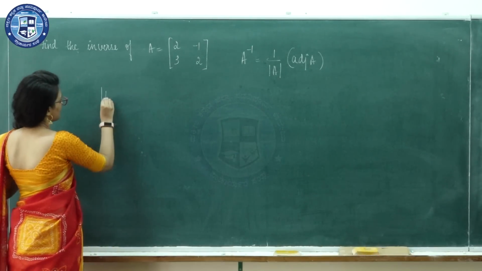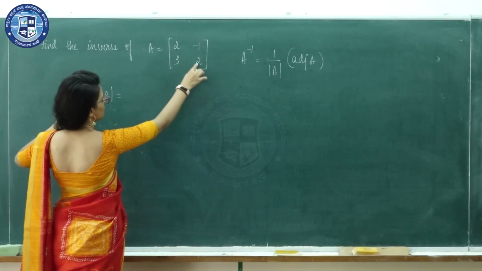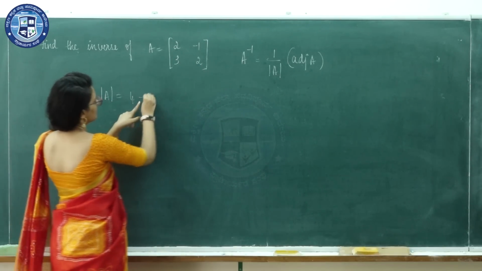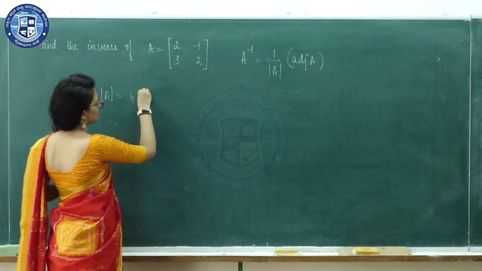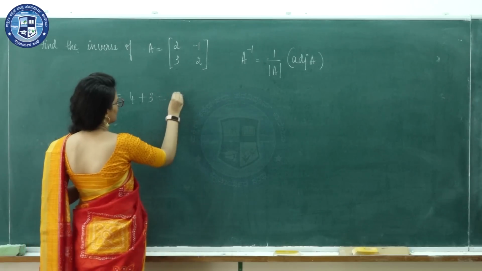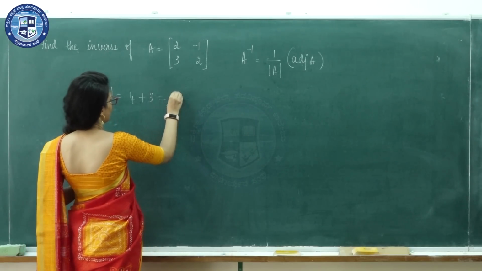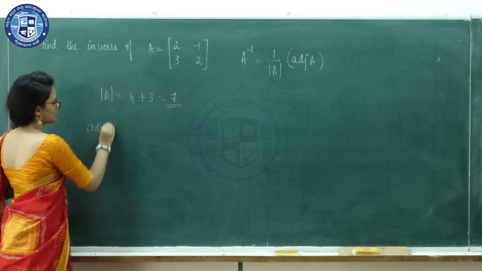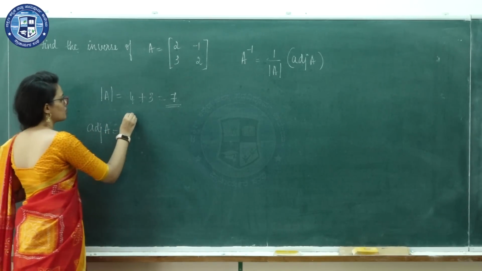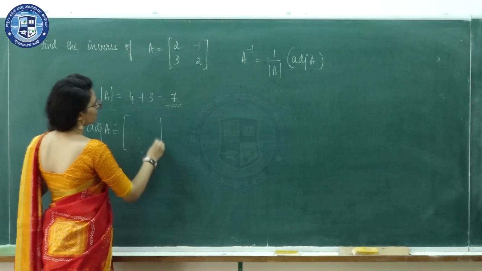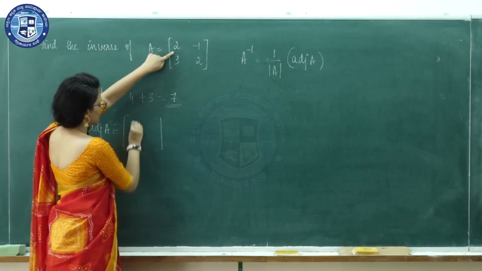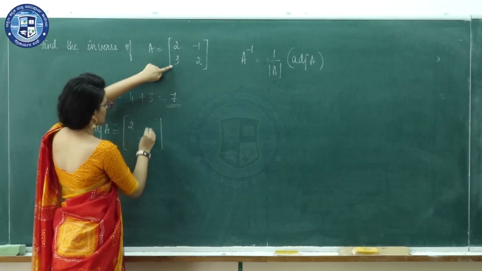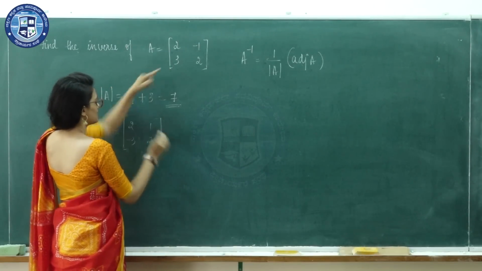So, determinant of A is equal to 2 into 2 is 4 minus 3 into minus 1 is minus 3. So, we will get plus 3, that is plus 7. Okay. Now, let us find the adjoint of A. Since it is a 2 cross 2 matrix, we know the shortcut to find the adjoint of A. We interchange these terms and change the sign. So, plus 1 minus 3.